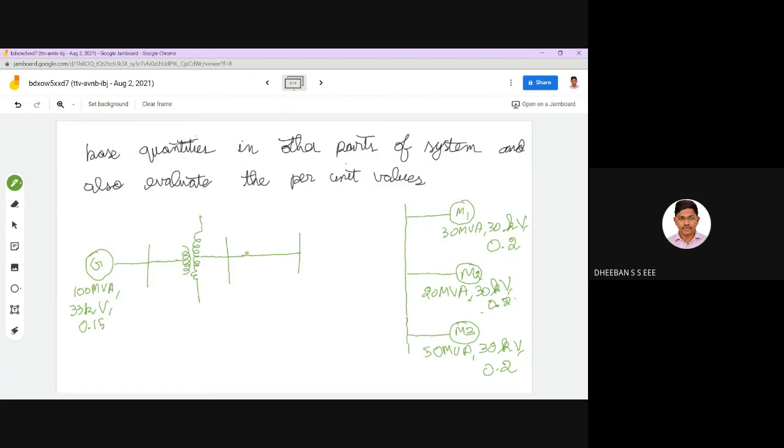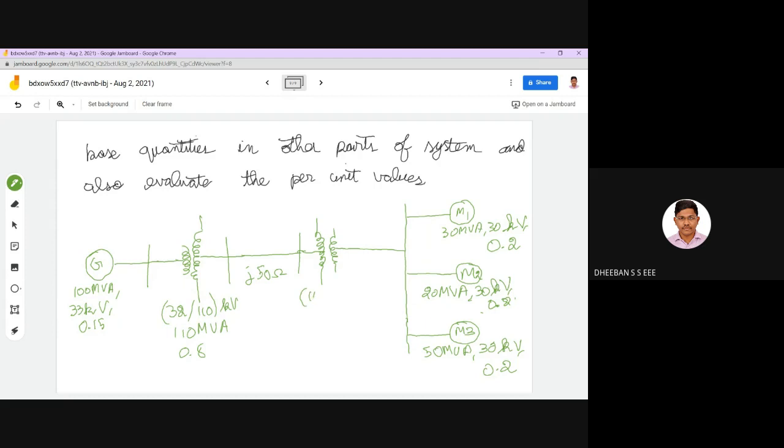Okay, so this one is rated as 32 or 110 kV. Okay, so the rating is 110 MVA, the reactance is 0.8, and for the transmission line it is j50 ohm, followed by this, a step down transformer, and this will be connected to the load bus.